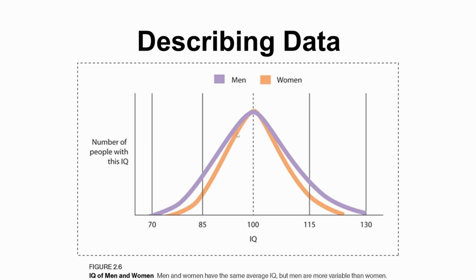Whereas the female orange curve has a lower standard deviation because it is closer to that average. It is nearer that mean. And we can even see that the range would be different between the two because our highest and lowest scores aren't the same either. And once again, we don't need to calculate those values. We just need to understand how they would change depending on the shape of our data.